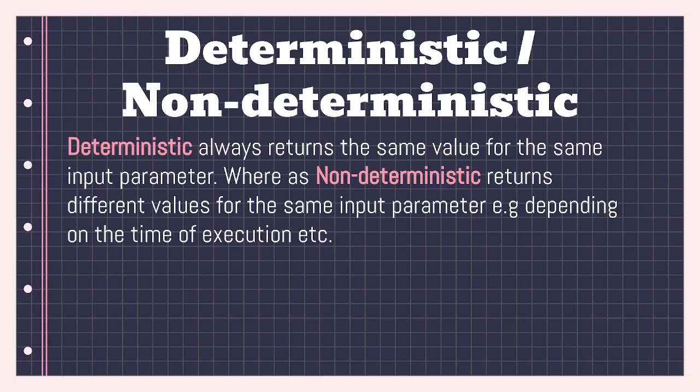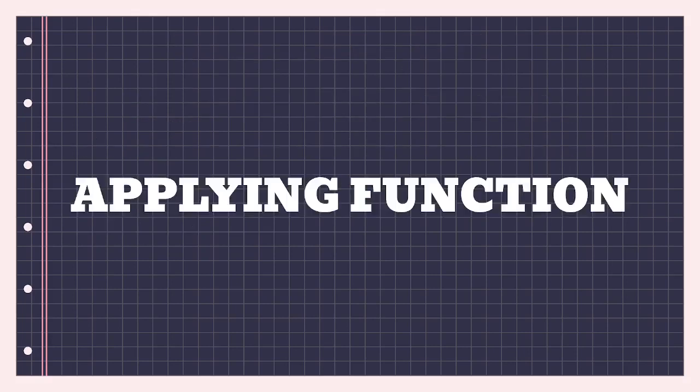There are different ways you can write functions that make them not return the same output every time you run them. These are called non-deterministic functions, whereas deterministic functions return the same output for the same input all the time. Okay, so that's the difference between deterministic and non-deterministic functions.